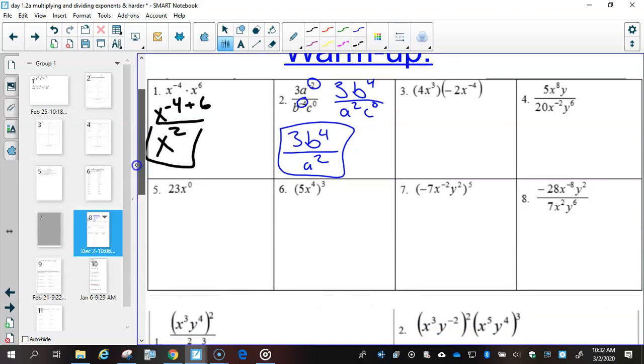A2c to the 0 is what this one says. Now in this case, do we have like bases? Yes, we have x's, we also have numbers. So let's rearrange this first. Here we are multiplying these bases. If we are multiplying our like bases, what are we doing with the exponents?